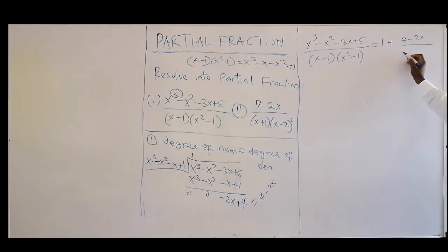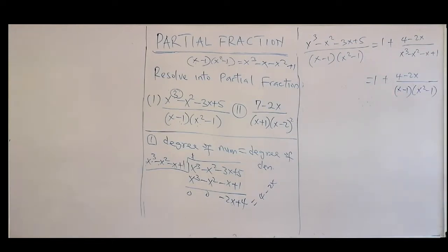That's the denominator, which is x cubed minus x squared minus x plus 1. And that's equal to 1 plus 4 minus 2x all over. Don't forget that this one is the same thing as x minus 1 into bracket x squared minus 1.